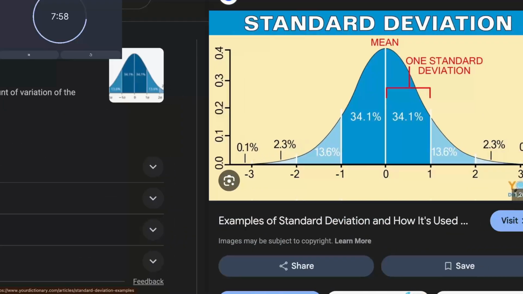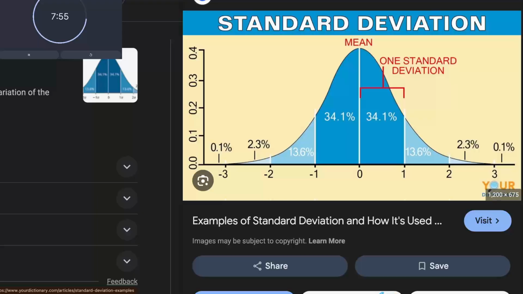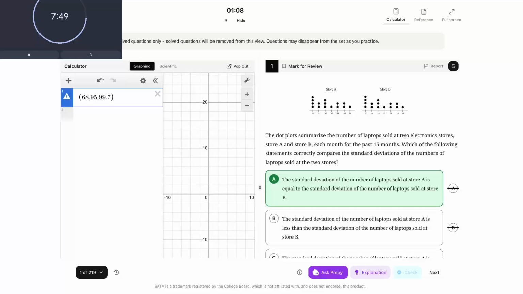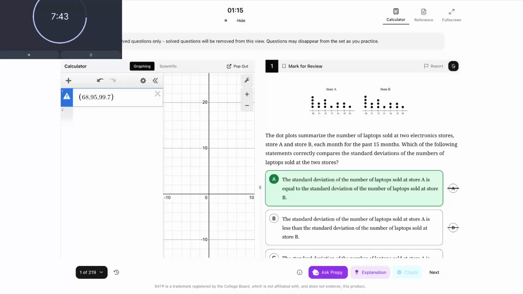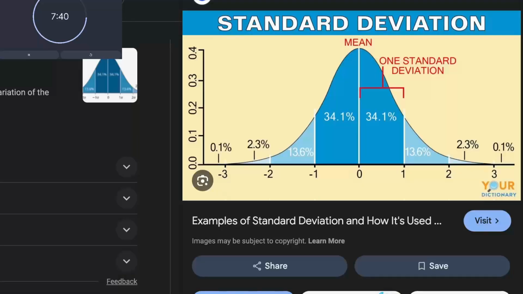It shows you the mean, right? And this is how standard deviation works. The whole thing is 100%, and one part is 34 something. This is 95% of it, and this is 99.7. So pretty much this shows the standard deviation for you guys.